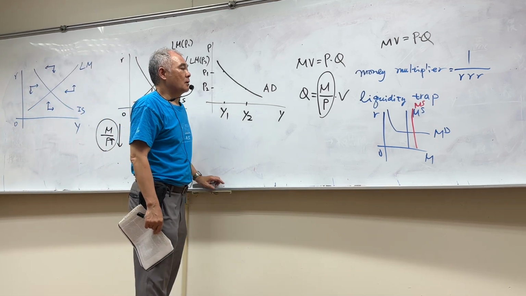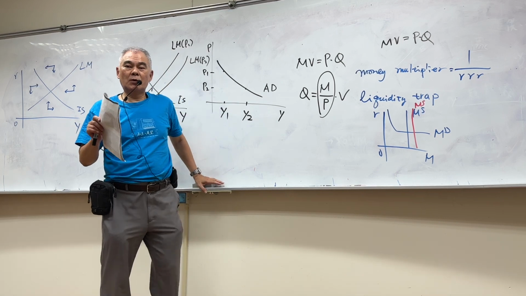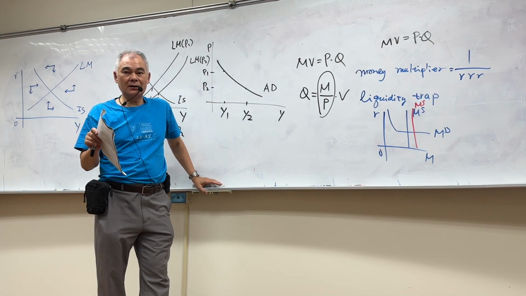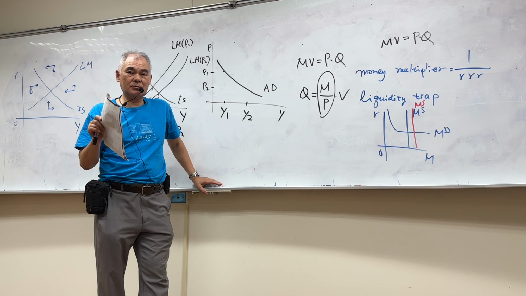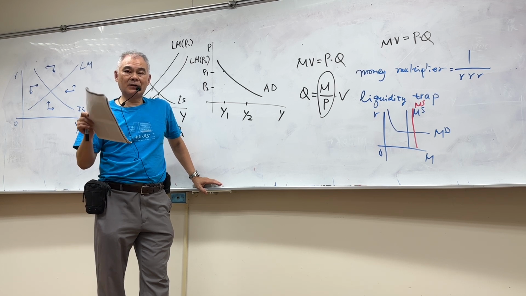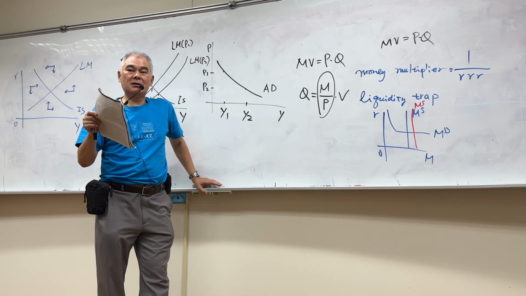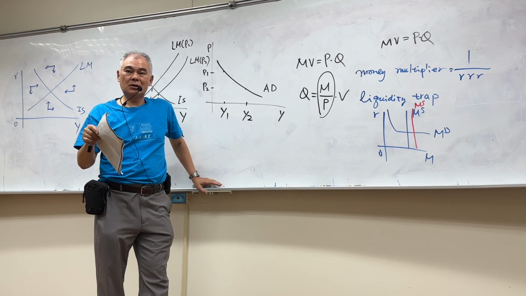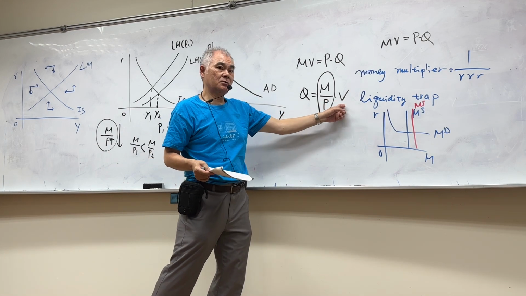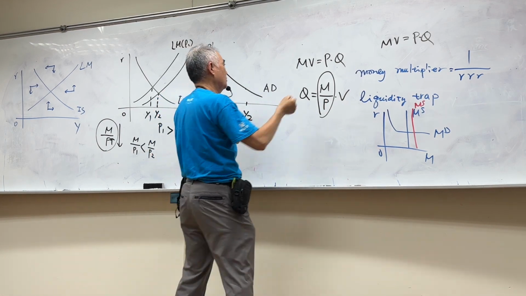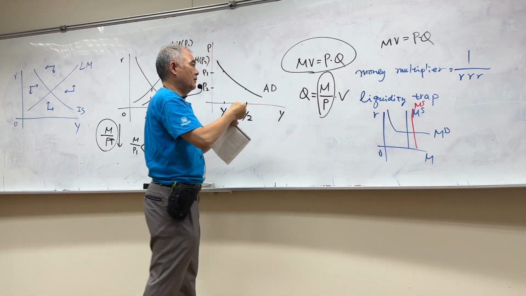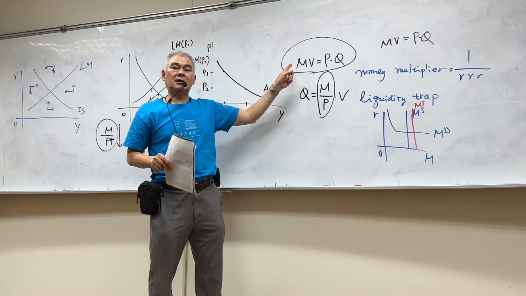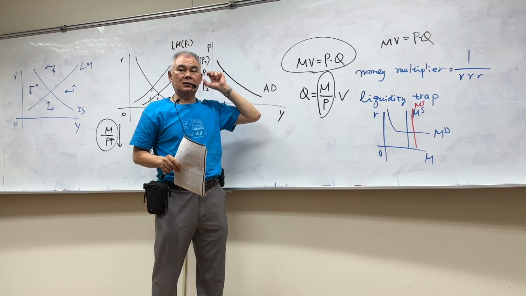So then, oftentimes, when the price level is extremely high, the real money effect will go down drastically. It means that the higher the price level, the much lower the real output you can buy, because of this. We mentioned this before, right? MV is equal to PQ. When money increases a little bit, there's not much impact.